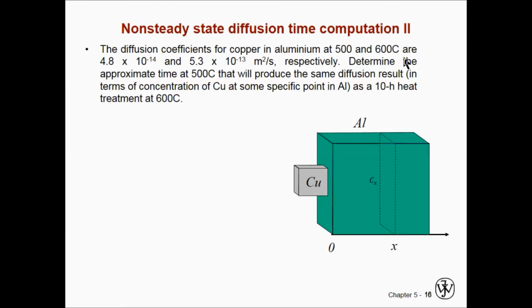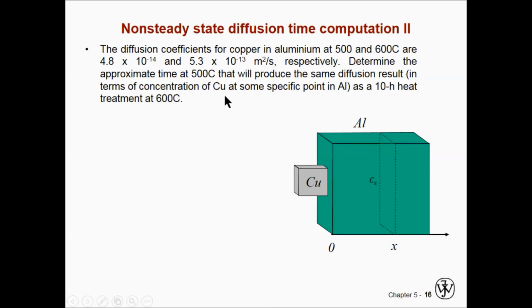Next, in this example, we have an aluminium bar. Copper is diffusing into aluminium, so they are touching each other. For metals, they touch each other. For gases, it will be around it. So copper touches aluminium. Diffusion coefficients for copper are given. But first, pause and read it.